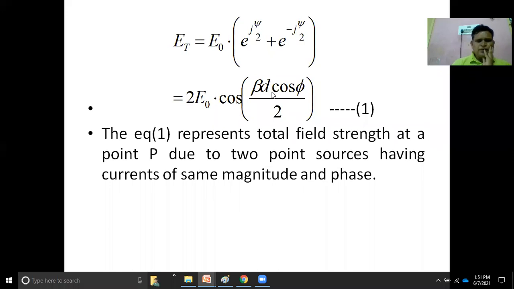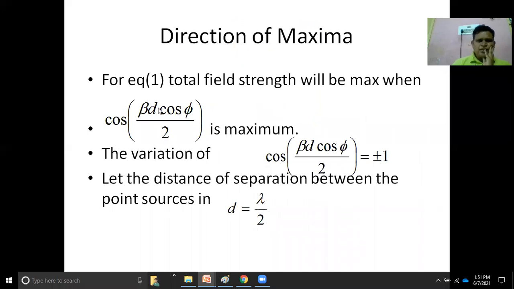If cos of beta d cos phi divided by 2 is maximum, then the resultant electric field intensity is maximum. The variation of cos of beta d cos phi by 2 is in the range of plus or minus 1. Here you have to assume different distances.